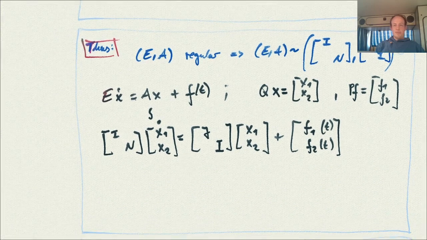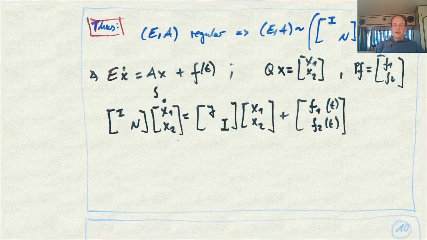But please believe me that actually we want to consider this DAE, and we know that we can do state transformations and scalings, and now have this DAE.